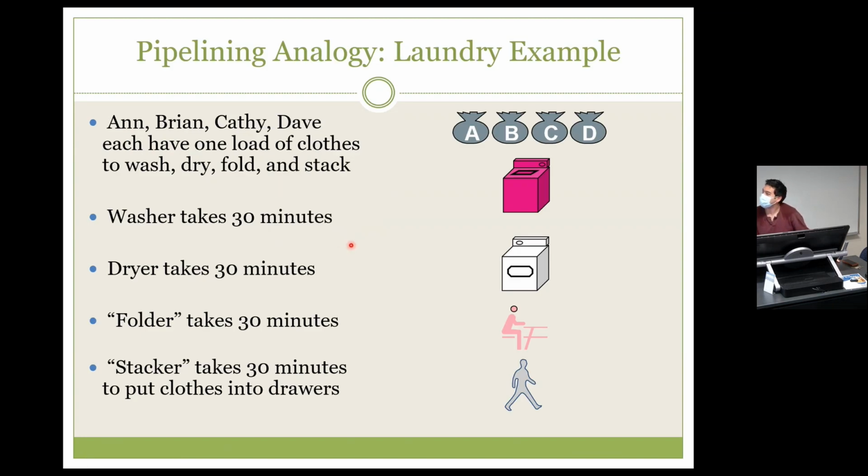All right. So in your reading, they go over this example of laundry. So let's say that the washer is 30 minutes, the dryer is 30 minutes, and it takes around 30 minutes to fold and 30 minutes to put the laundry away.